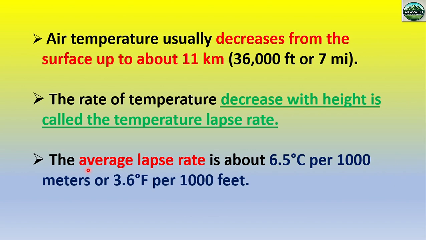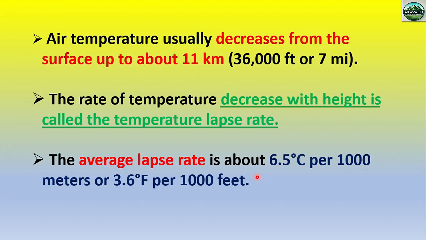The environmental lapse rate of earth is 6.5 degrees centigrade per 1000 meter, or per kilometer. Remember this, it is a factual point. In degrees Fahrenheit, this 6.5 degree is 3.6 degrees Fahrenheit per 1000 feet. So this is the value of our average earth environmental lapse rate.